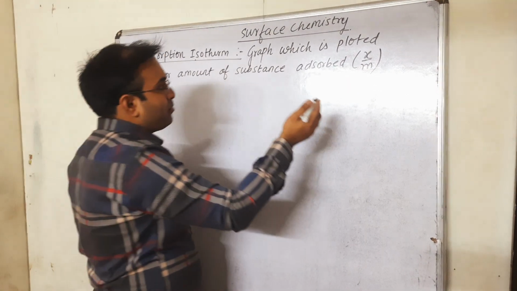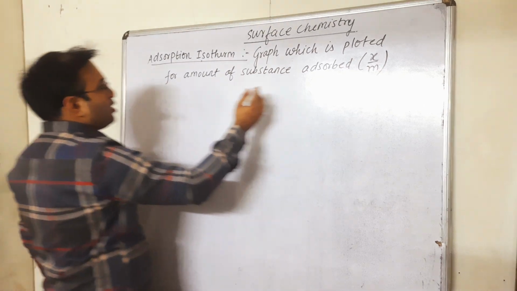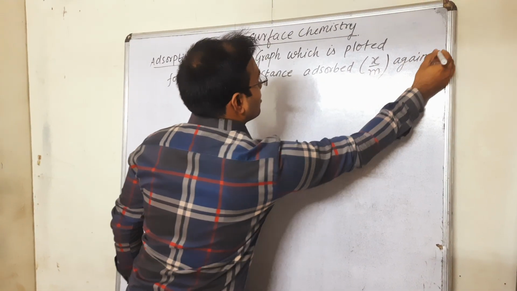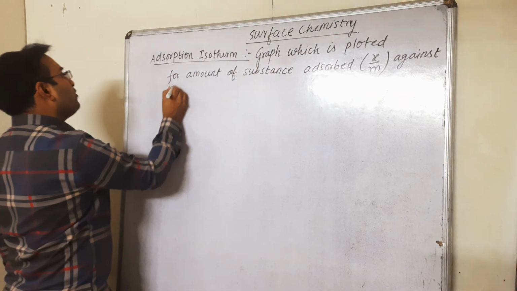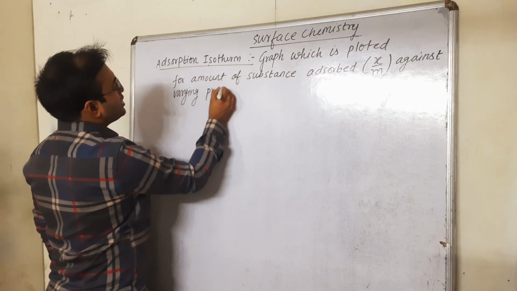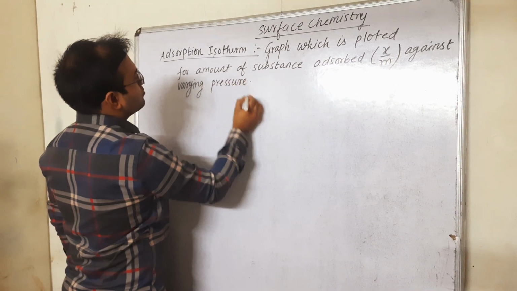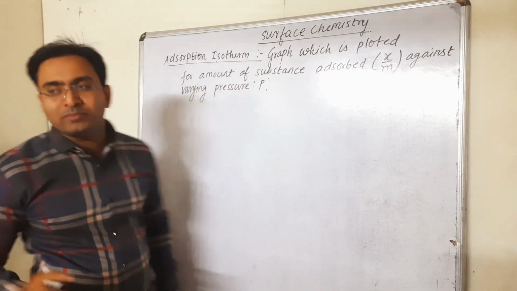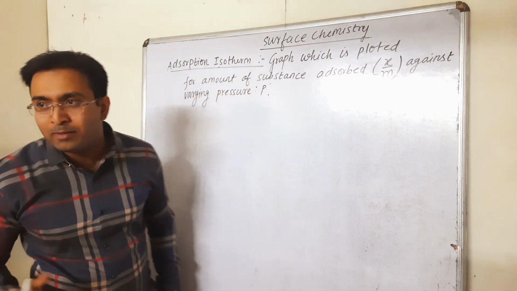So x by m against varying pressure, that is P. So students, here we will draw a simple graph.